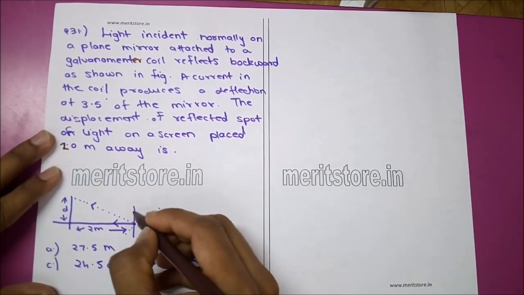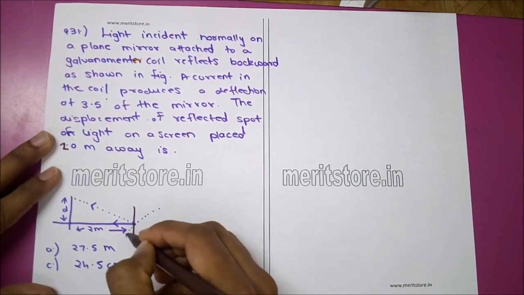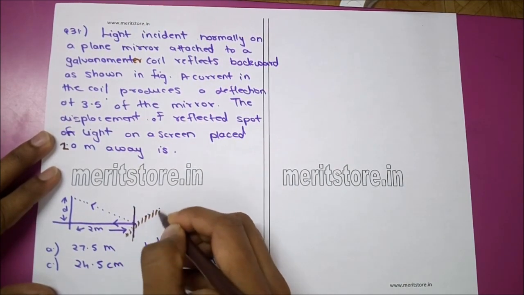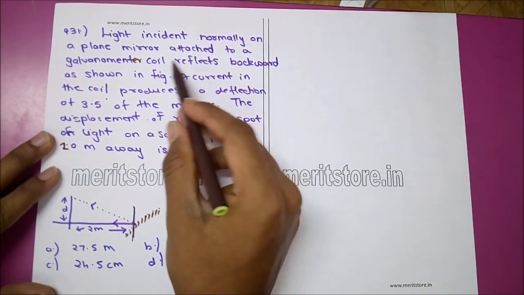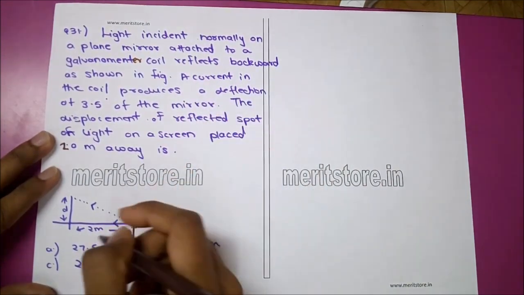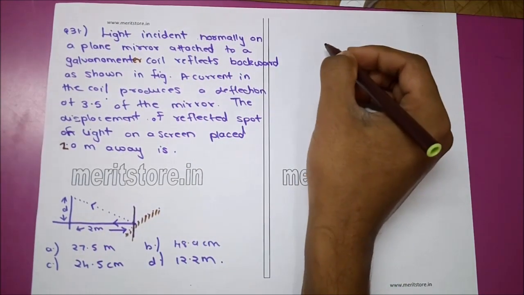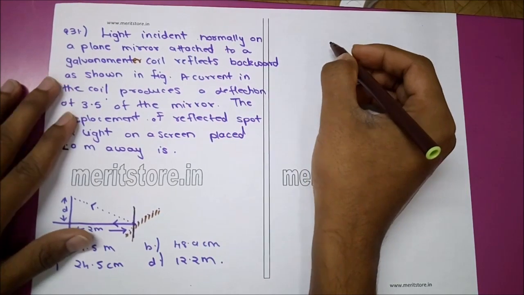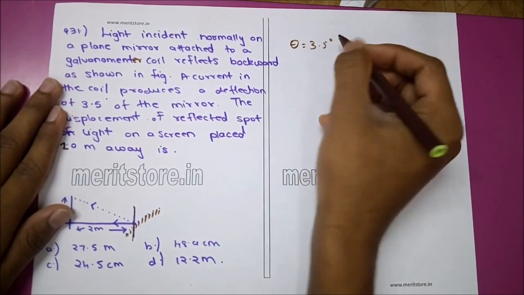So this is the mirror in the normal position, and this is the mirror when the deflection has occurred due to the current flowing through the galvanometer. Now what we need to know here is that the angle of deflection of the mirror is 3.5 degrees.